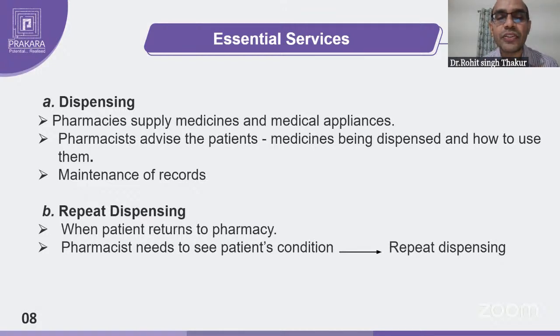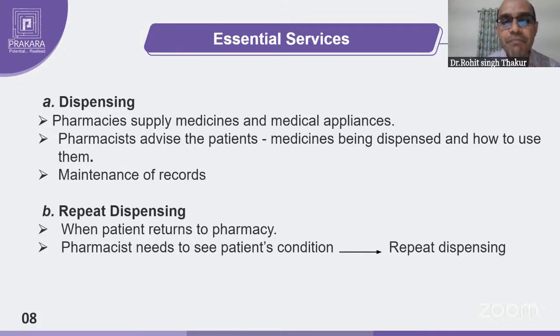Then comes repeat dispensing. Now, for a second visit, when the patient returns to the pharmacy, you as a pharmacist have to see the condition of the patient. If the patient has some abnormal condition or some ill-health associated condition upon repeated usage of the same medication, you have to confirm the ill condition of the patient.